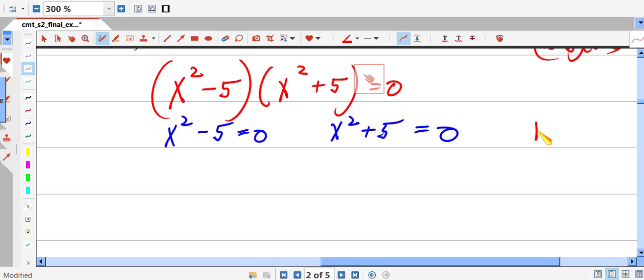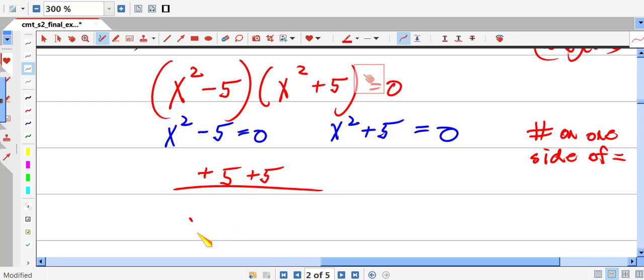And to do that, I need to get the constant on one side of the equal sign. So it's not like solving by factoring where you want a 0 over there. You want to move the constant over to the right side of the equal sign all by itself.